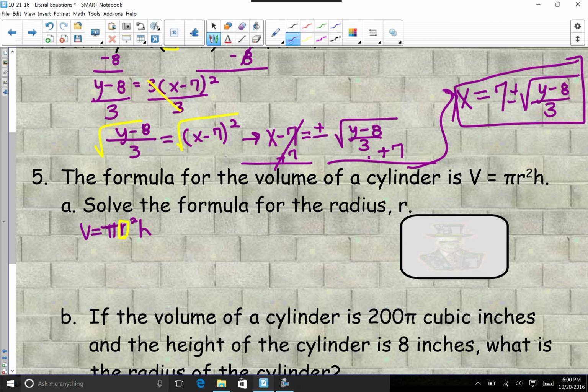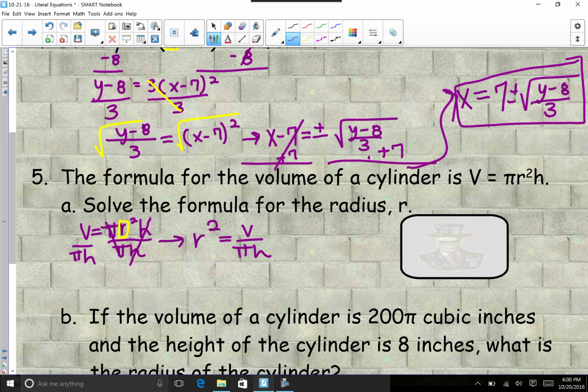Do you see that that's pi times the radius squared times h? There's all multiplication going on, so if I know pi and h need to go away, I can do that all at one time. Pi divided by pi is 1, h divided by h is 1. That leaves you with r squared equals v over pi h.